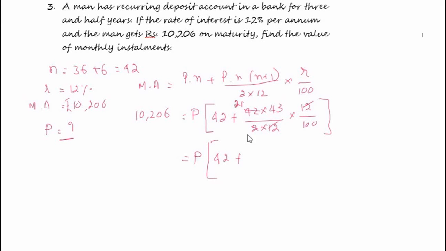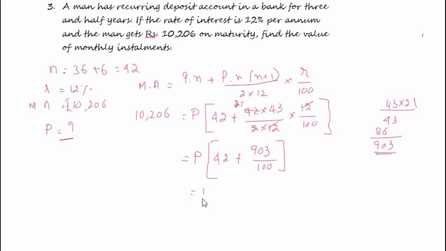So what remains here is 42 plus 43 into 21. So let me calculate 43 into 21. So 43, so 86. So it is 903. So it is 903 divided by 100.